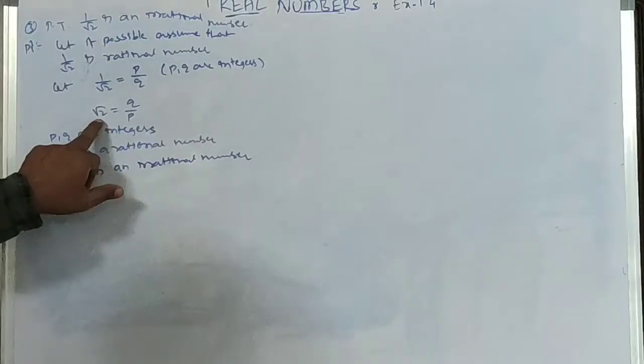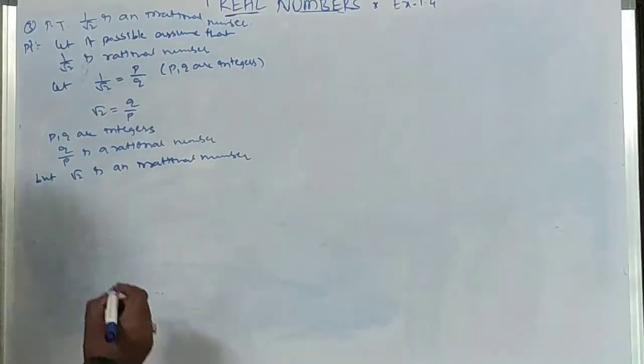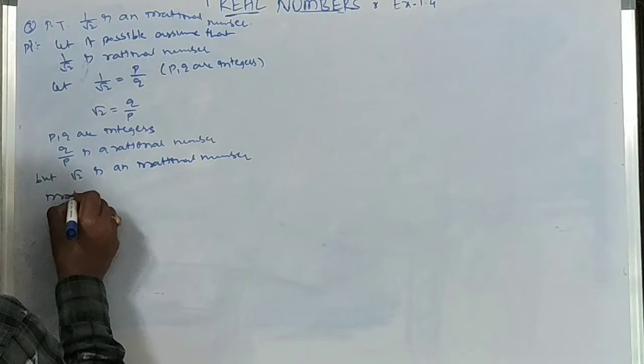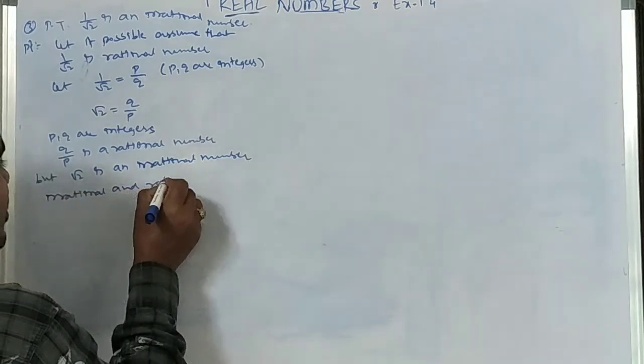So here one is an irrational number and the other is a rational number. An irrational number and a rational number are not equal.